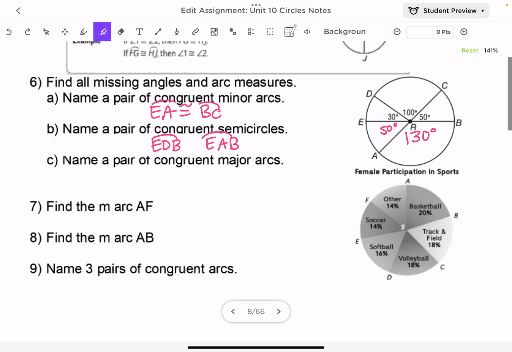But I see that this is 180 plus 50. So that arc that I just highlighted would be 230 degrees. And then I've got 130.